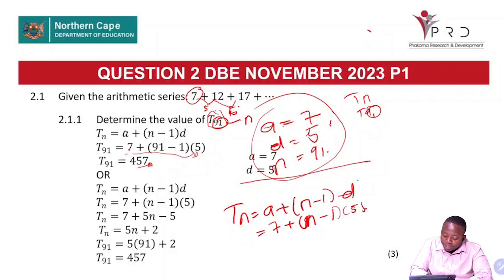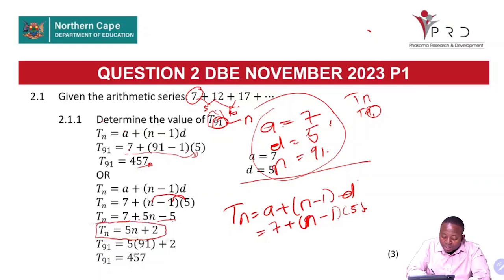Thereafter, we distribute the 5, then we have 7 plus 5n, then 5 times negative 1 is negative 5. Thereafter, like terms are these two, 7 minus 5 is 2. There we go. Then we have the general formula for the sequence.